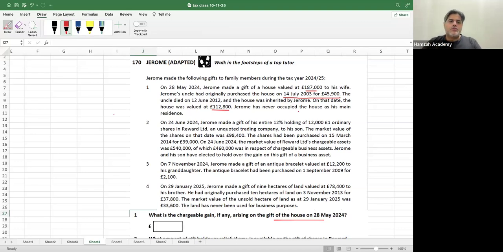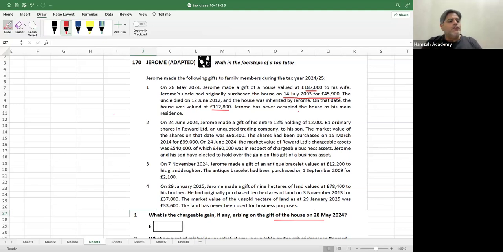Now, this is where the house has been gifted to the spouse, right? So the disposal of assets between married couples and civil partners is automatically on a no gain, no loss basis.